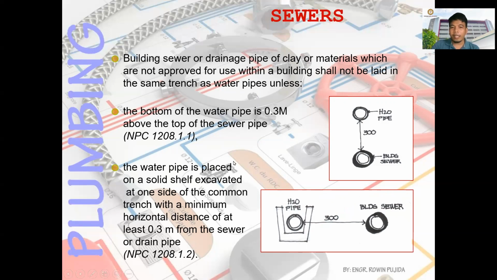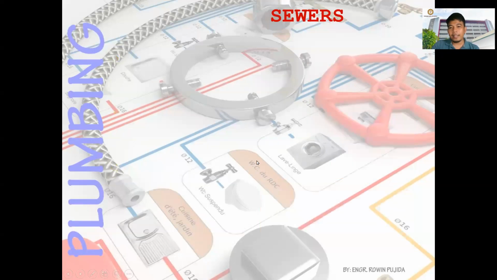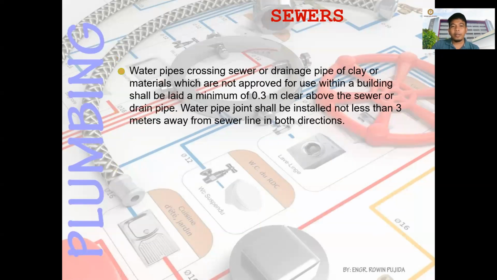So that's the minimum distance. So water pipes crossing sewer or drainage pipe of clay or materials which are not approved for use within a building shall be laid a minimum of 0.3 meter clear above the sewer or drain pipe.